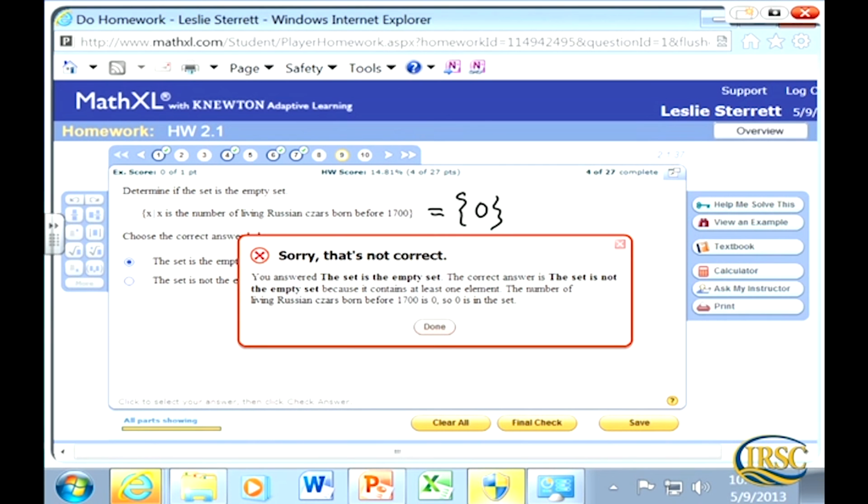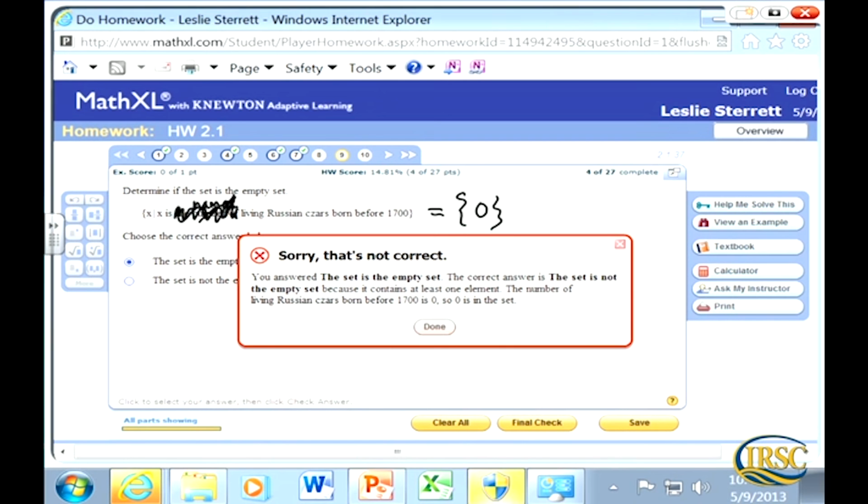Now, if it wanted to list the names, okay, X is the name, or names, I guess that would be singular. X is the name of a living Russian Tsar, or you could even cut out this word, X is a living Russian Tsar born before 1700.